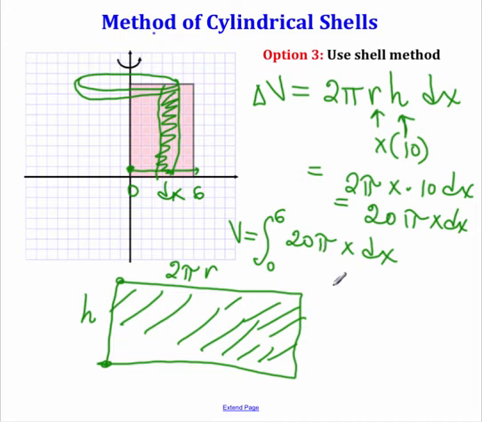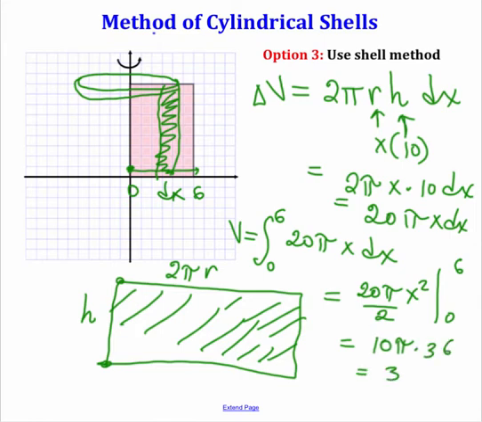All right, just to show you that we still get the same answer using this method, we're going to use the fundamental theorem of calculus. So we get 20 pi x squared over 2, and we go from 0 to 6. And 20 over 2 is going to give us 10. So it's 10 pi times 6 squared, which is 36. And as you can see, using this third method, we're still getting the same answer of 360 pi.